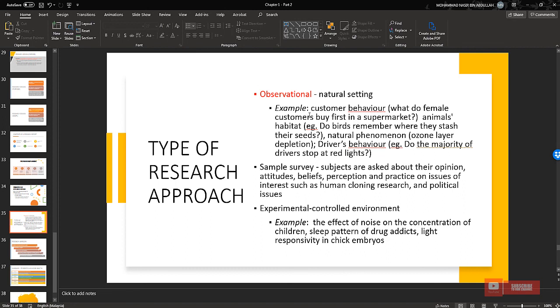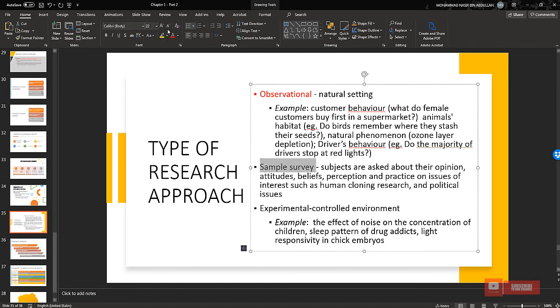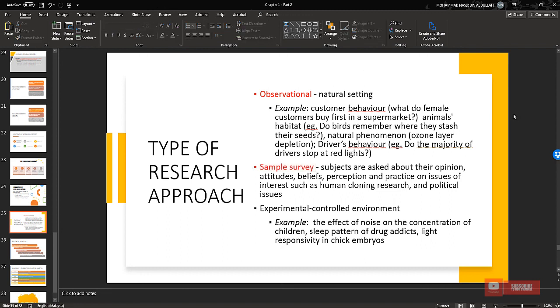We are going to observe the behavior of the participants. Another one is the sample survey. This is another research approach to gather data. This is the type of data gathering: observational, sample survey, and experimental. In a sample survey, subjects are asked about their opinion, attitude, belief, perception, and practice on issues of their interest.